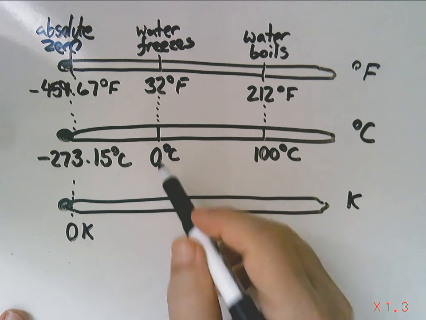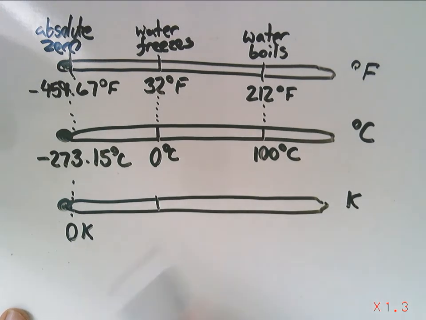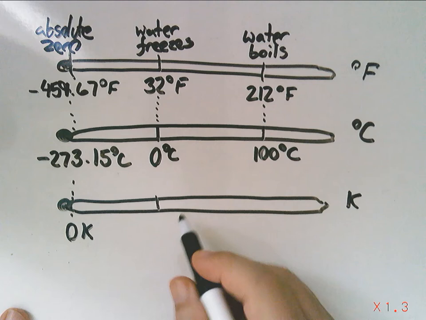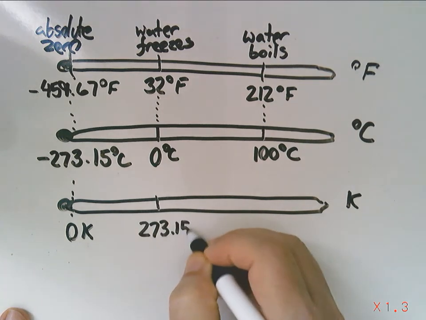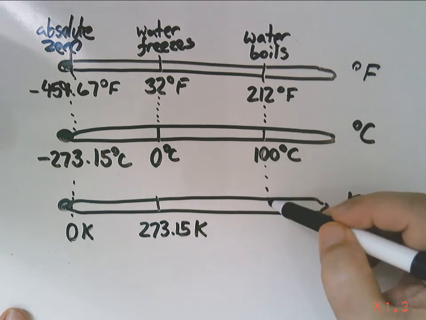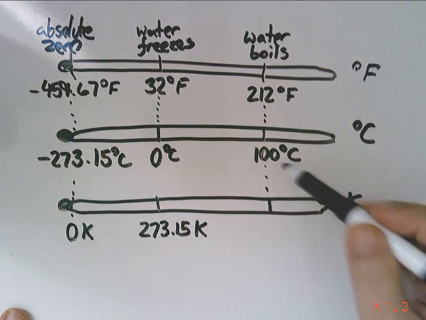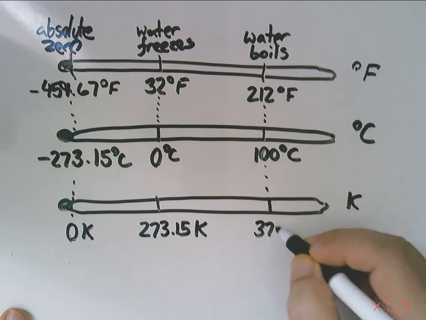So, what's my Kelvin temperature at 0 degrees going to be? It's going to be 0 plus 273.15. And what is my Kelvin temperature going to be at where water boils? It's going to be 100 plus 273.15. It'll be 373.15.